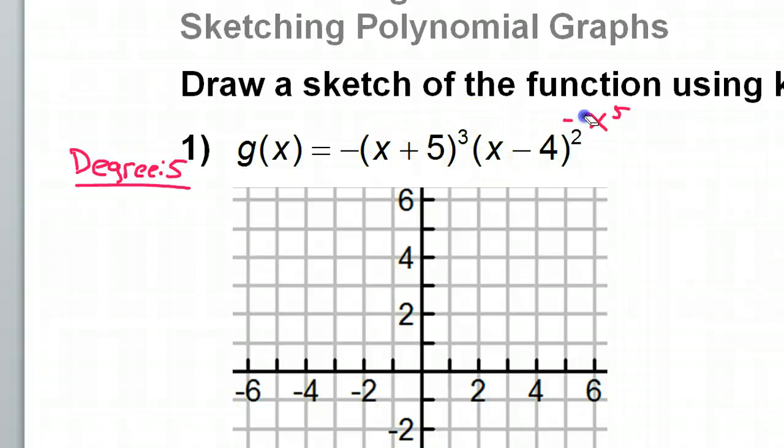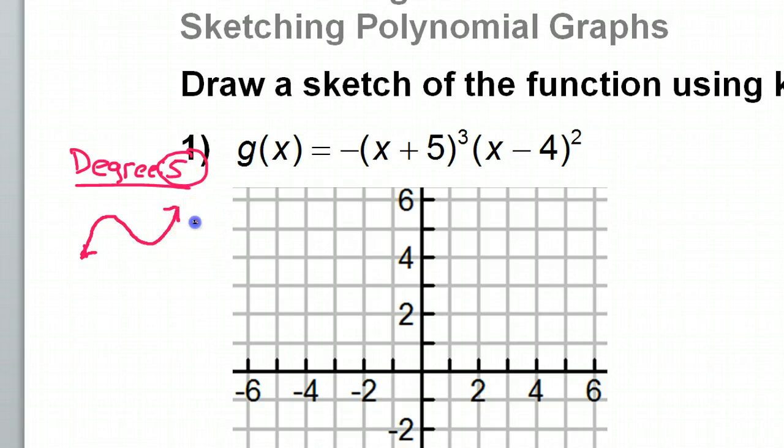That's important because I need to be picturing the end behavior to be able to draw this correctly. Now, because it is odd, that's what really matters. This is degree 5, but that's odd degree. Odd degree functions have the same end behavior as a cubic function, which of course is odd.